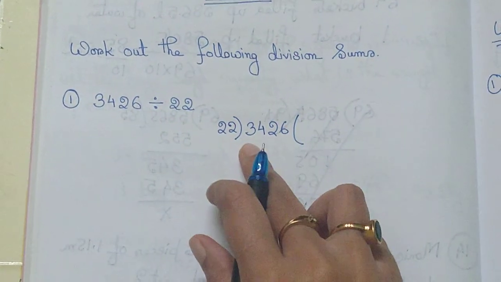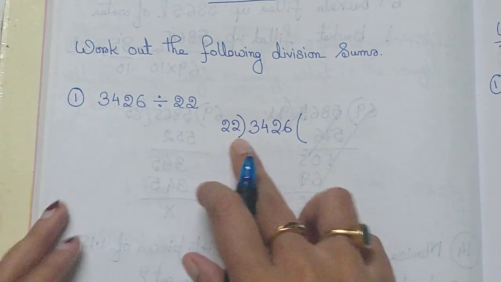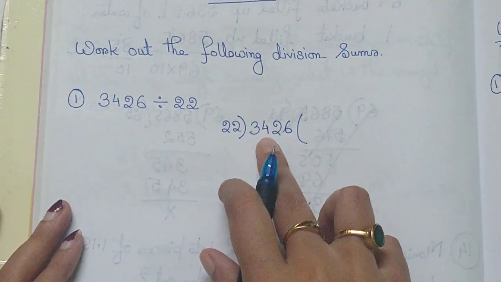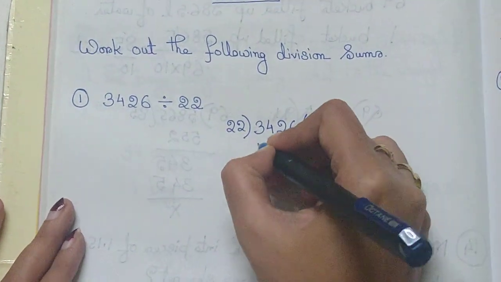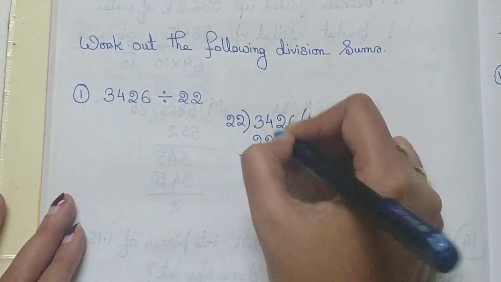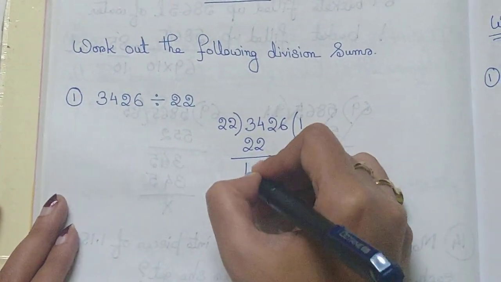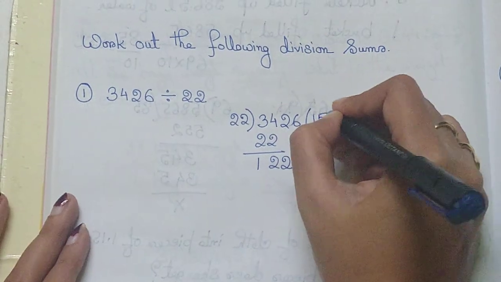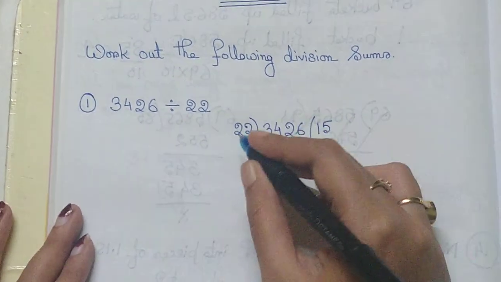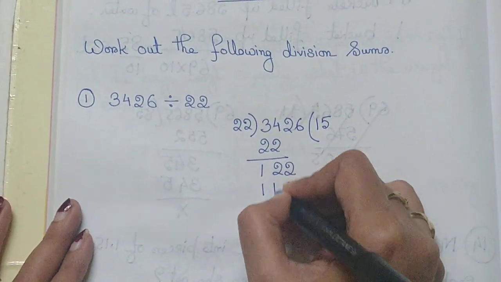As you all know, 3 is smaller than 22, so we are going to take 3 and 4 both, that is 34. So 1 twenty-two is 22, 4 minus 2 is 2, 3 minus 2 is 1. 2 will come down. Now 5 twos are 10, 5 twos are 10 plus 1, 11.